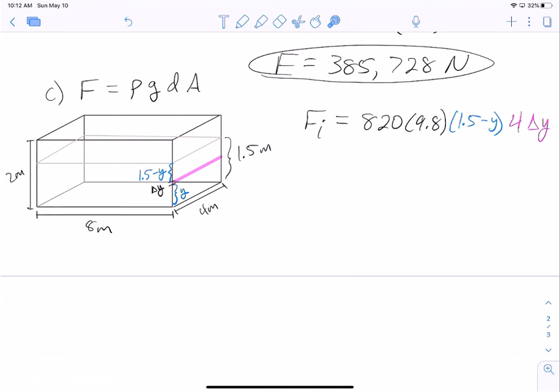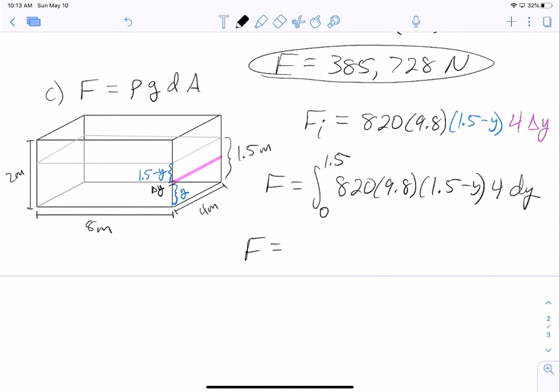And I'm sure it comes as no surprise that we're going to sum up a bunch of little incremental forces. The result is that the force is going to be the integral of 820 times 9.8 times 1.5 minus y times 4 dy. And we can see that y will go from 0 to 1.5.